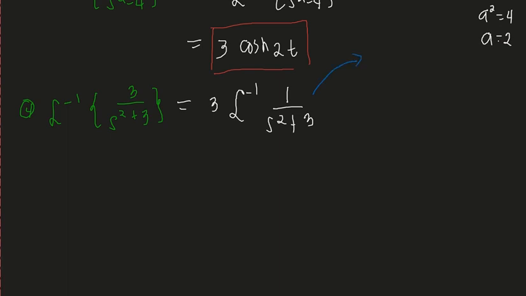So this, pwede natin ma-relate sa Laplace transform of sine at, which is equal to a all over s squared plus a squared. So based sa sini nga problem, ang aton nga a squared is 3. So we have a squared is equal to 3. So therefore, ang aton nga a is equal to square root of 3.